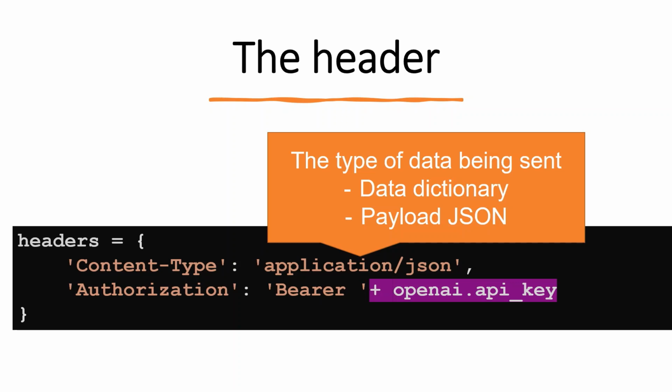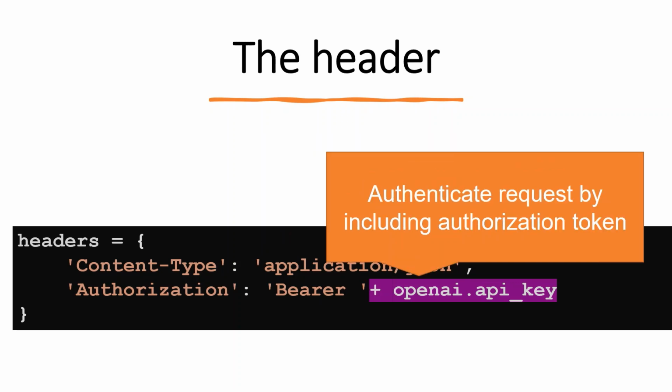This informs the server that the payload of the request is formatted as a JSON. The second is authorization. This is used for authentication and authorization purposes. It has an authorization token in the request header. This token we get by concatenating the string bearer with the openai.api_key value, or you can give the string directly.